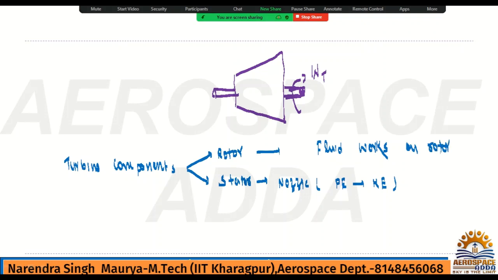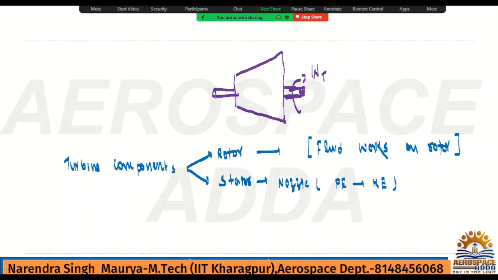But in the compressor, if you remember, I told you the rotor blades were doing work on the fluid, hence the relative velocity was decreased, if you remember.